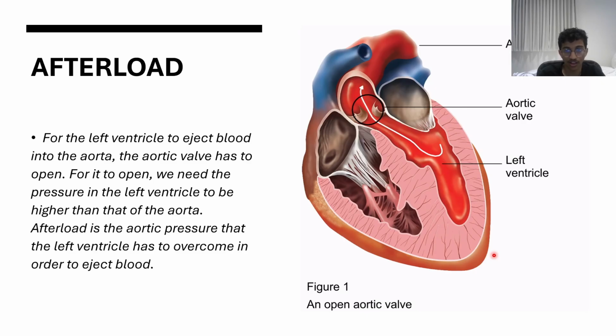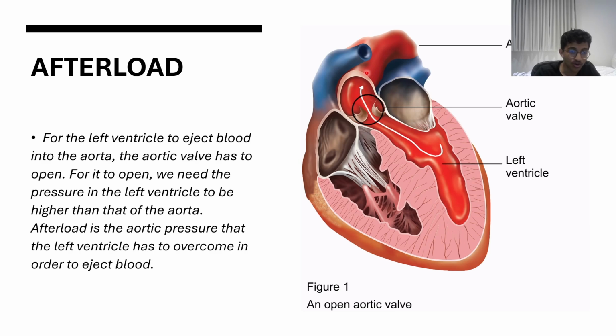Afterload is different. A lot of students can't differentiate between preload and afterload. For the left ventricle to eject blood into the aorta, into the rest of the body, the aortic valve has to be open. This valve right here. For it to be open, we need to have higher pressure in the ventricles than in the aorta. So the job of the muscles in the left ventricle is to contract and create pressure that's higher than the pressure present in the aorta.